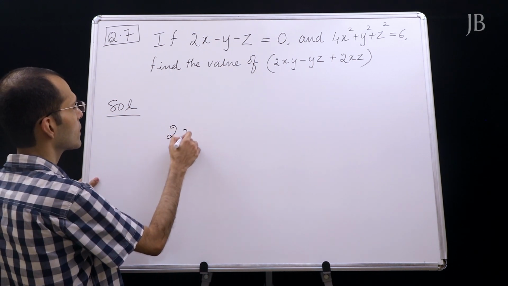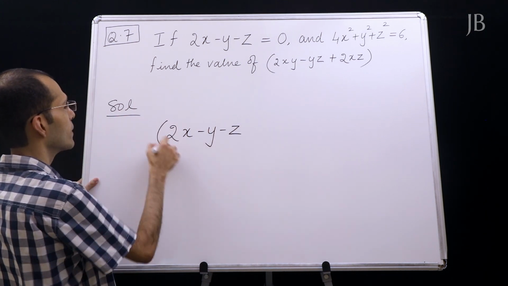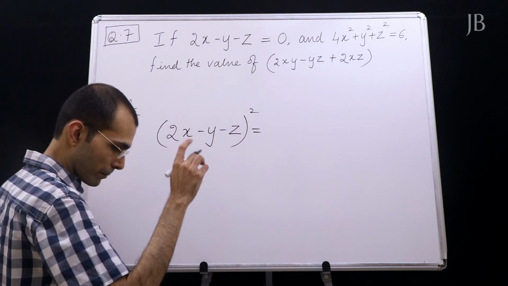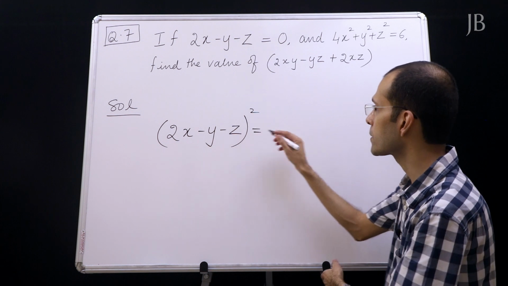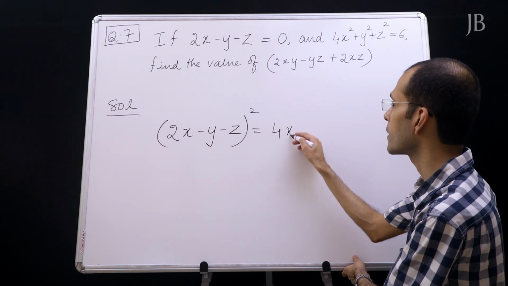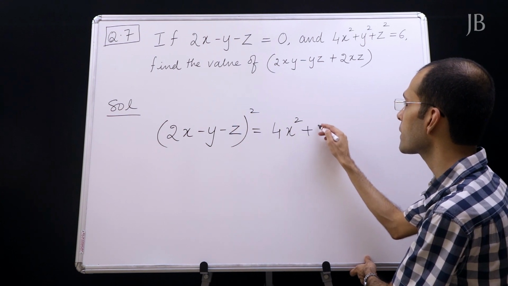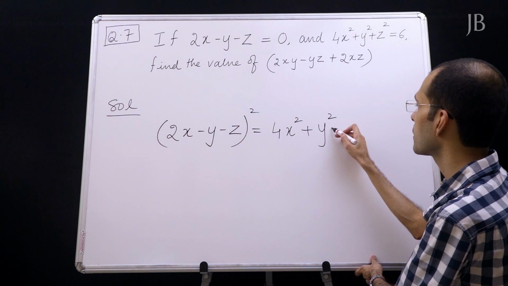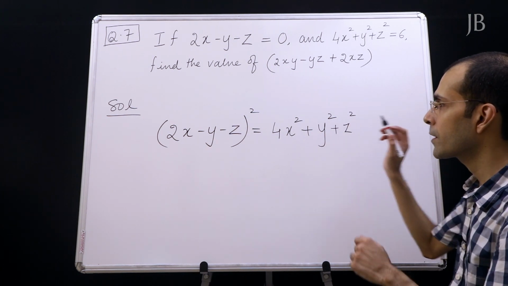What we will do? Use your previous knowledge, what we just taught you, (2x − y − z) the whole square. Now open it up. Square first term, so that would be 4x square. Square second term, plus y square. Square third term, plus z square. Signs will be positive because we are squaring, no problem.